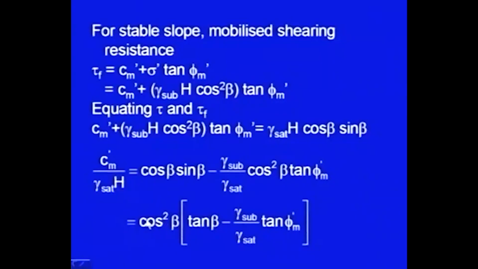Finally, you take cos square beta common. So, c m dash upon gamma saturated into h will be equal to cos square beta into tan of beta minus gamma submerged upon gamma saturated into tan of phi m dash.